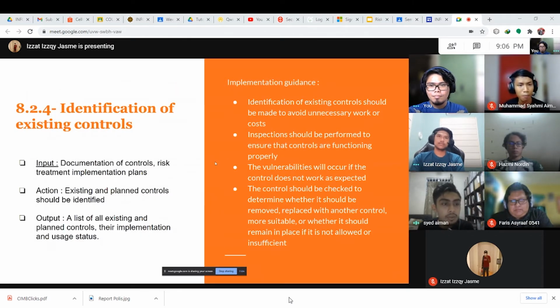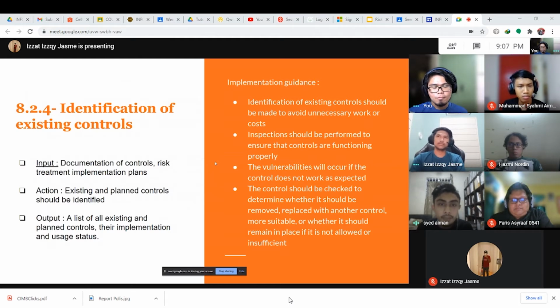Identification of existing controls. For the input, we have documentation of controls and risk treatment implementation plans. The action that must be taken is that existing and planned controls should be identified. Then the output is the list of all existing and planned controls, their implementation and usage status.